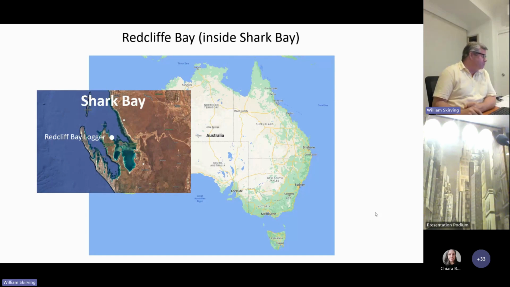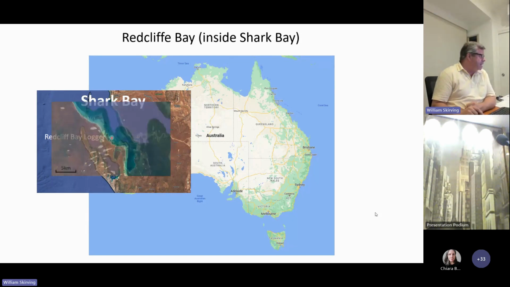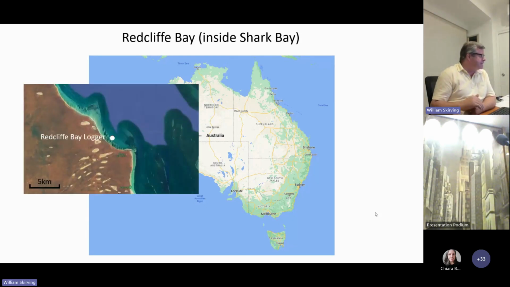Shark Bay is very complex, and Red Cliff Bay is located within Shark Bay. The logger is sitting on the outer edge, down the reef slope a little bit, so it is very much exposed to the bay waters, and the pixels were offshore a little bit just to make sure that we retrieved shallow water data rather than reef data.